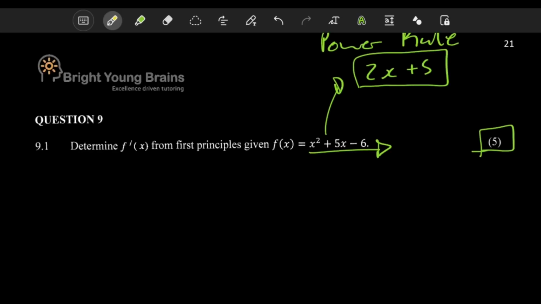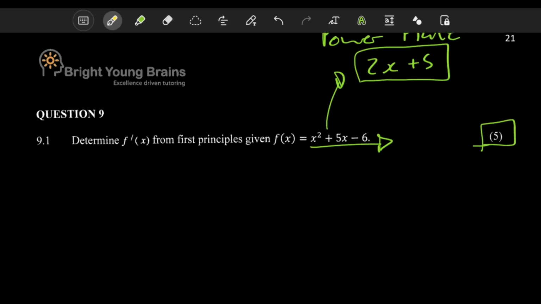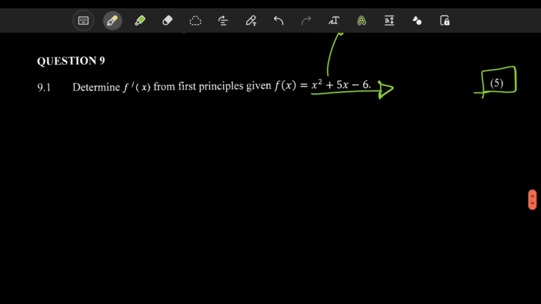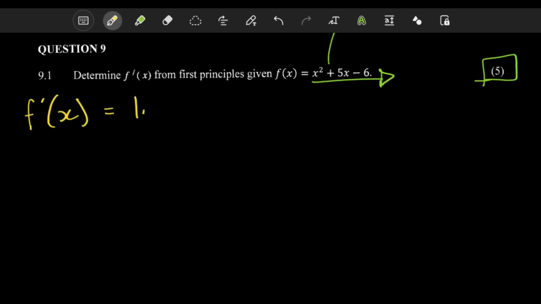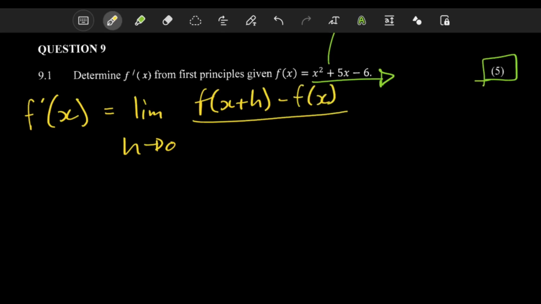But here they said we should use first principles to answer this question, meaning we have to use that long formula. So using the long formula, we have to do the following. Our f prime is equal to the limit as h goes to 0 of f of x plus h, minus f of x, all over h.